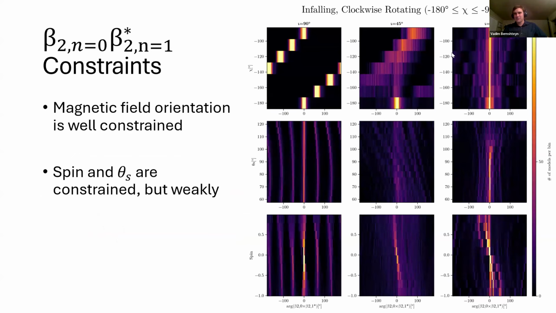And the last thing I want to show briefly, to give some observational motivation for the talk, is that we can look at the product of the two beta-2s and see what measuring this quantity would give us in regards to the model constraints.